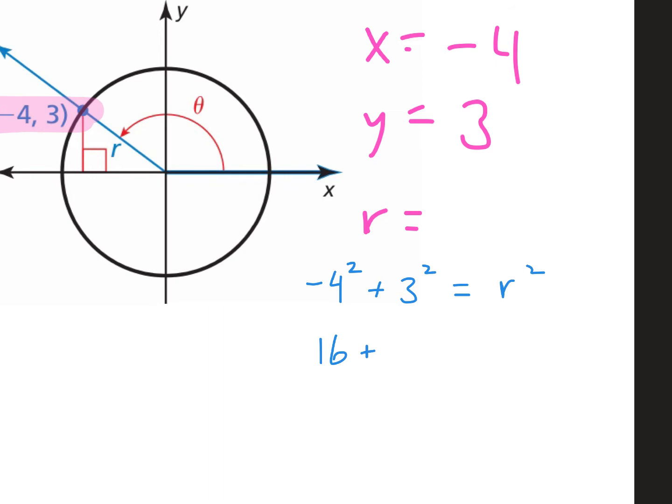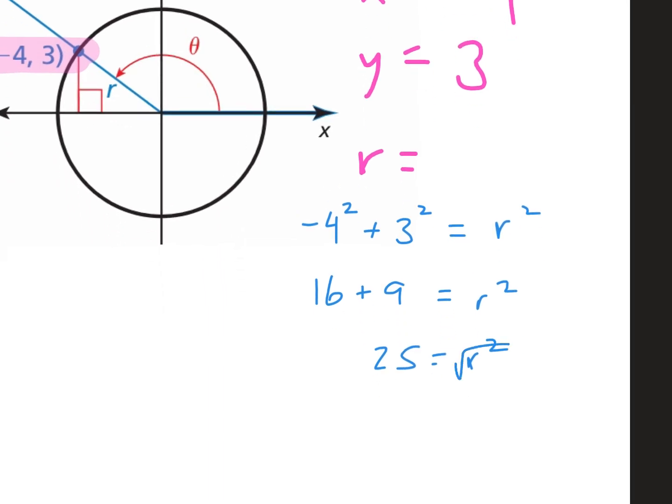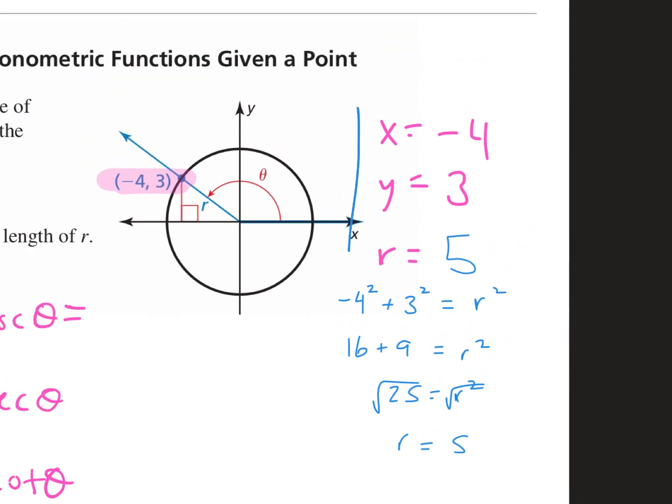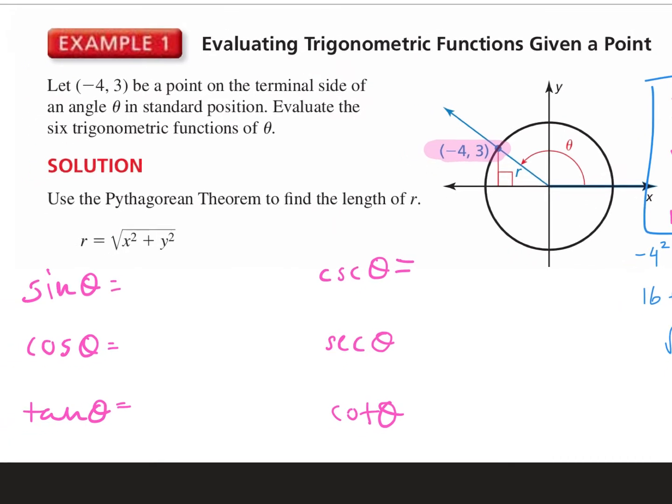What's 3 squared? So 16 plus 9 is equal to r squared. 25 is equal to r squared. So what do we find what just r is? Take the square root, so we get r is equal to 5. So our r is 5. So once we have these three values, all we're doing is just plugging in. You'll have the formulas in front of you.